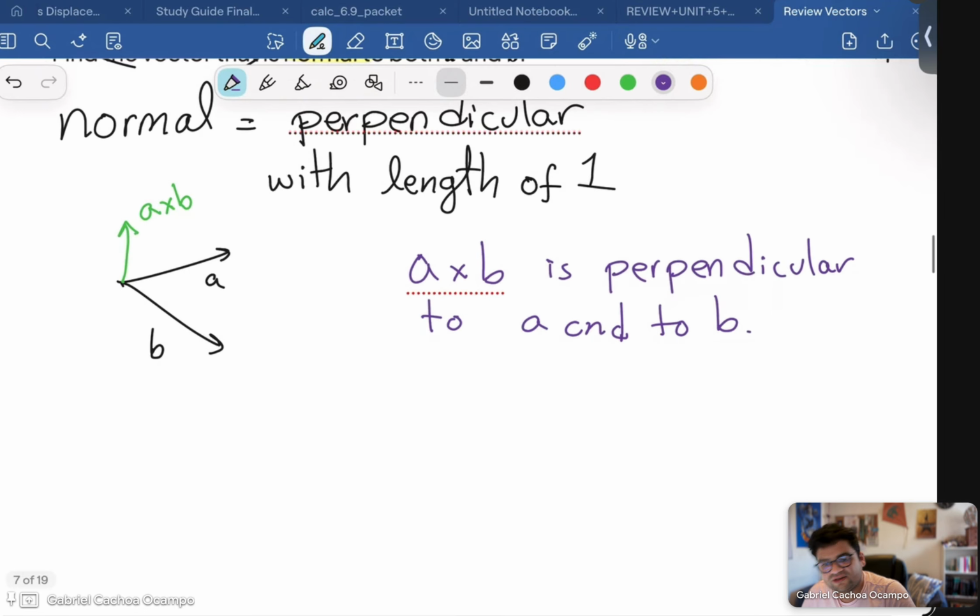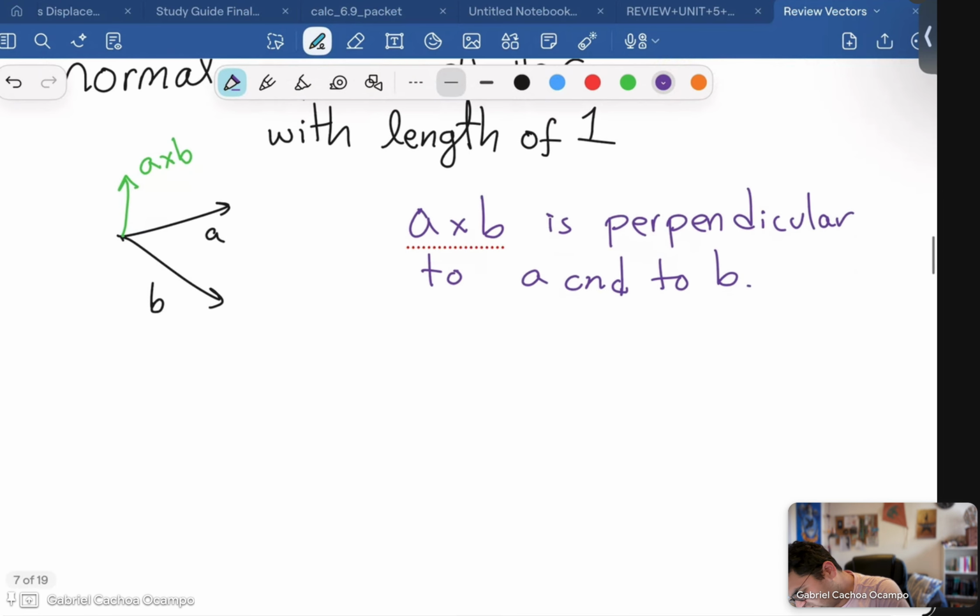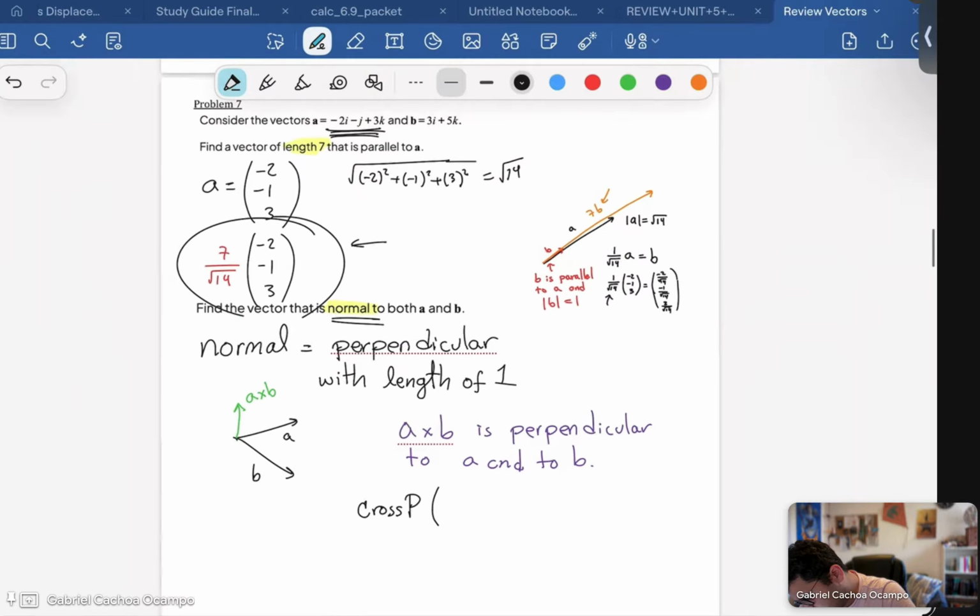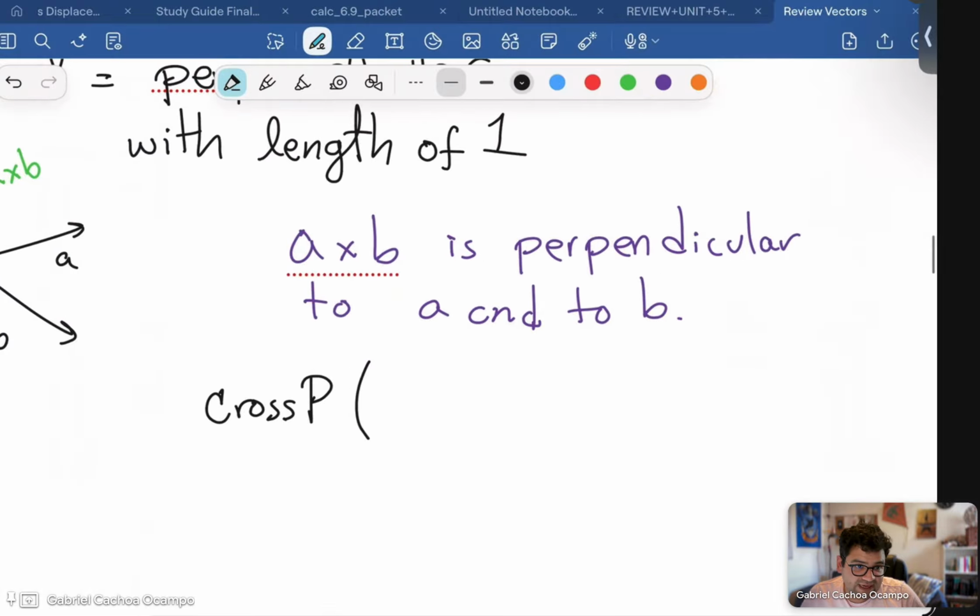How do you find the cross product? There is a formula in the booklet, and there is a function in your calculator. Remember, go to menu, matrices and vectors, vector, cross P. So you have to write cross P, and remember that the vectors go into square brackets.